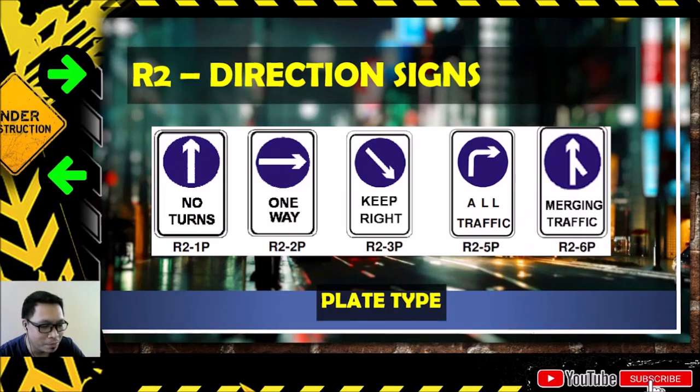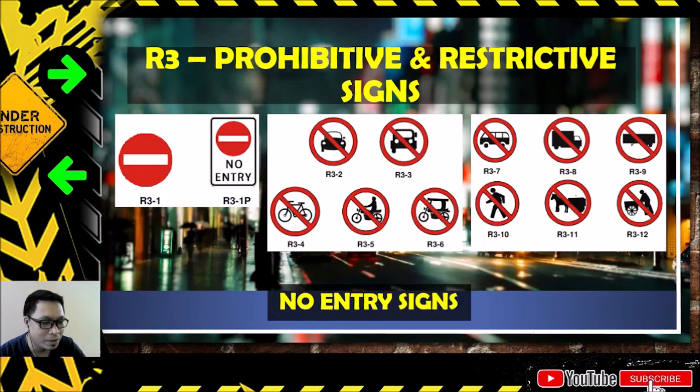A diagonal arrow means we have to keep right. A curving right arrow means all traffic must go in one direction. An arrow with a segment attached to it means you have to do merging traffic.